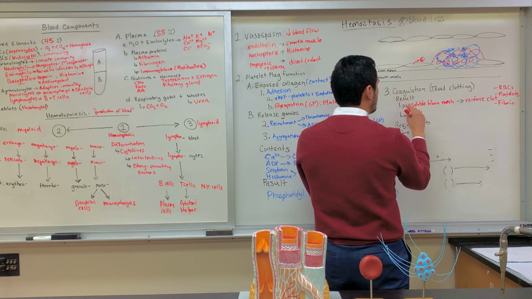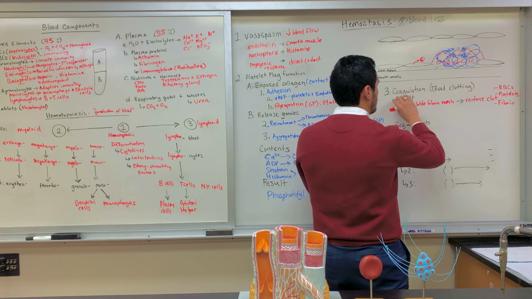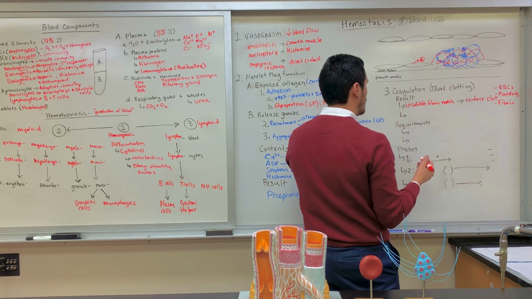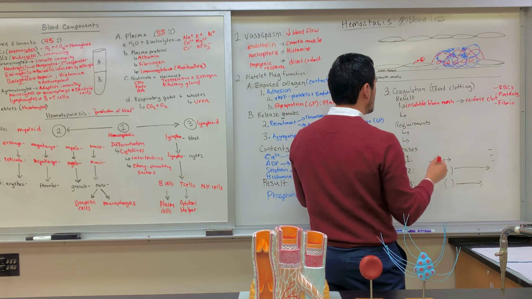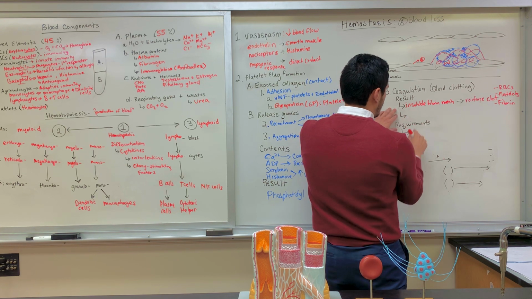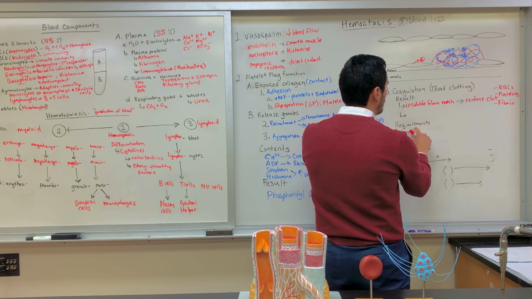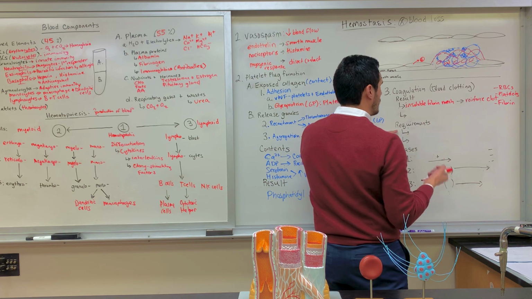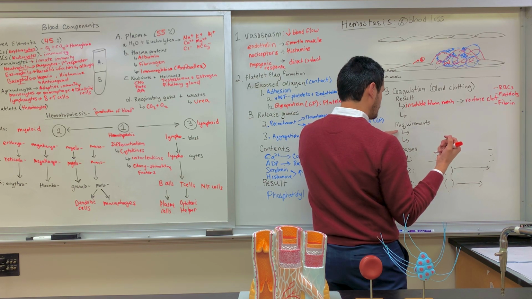So then another result of the coagulation for blood clotting. So after the insoluble fibrin mesh, we're going to come back to this, but there are a couple of requirements for blood clotting or for coagulation.